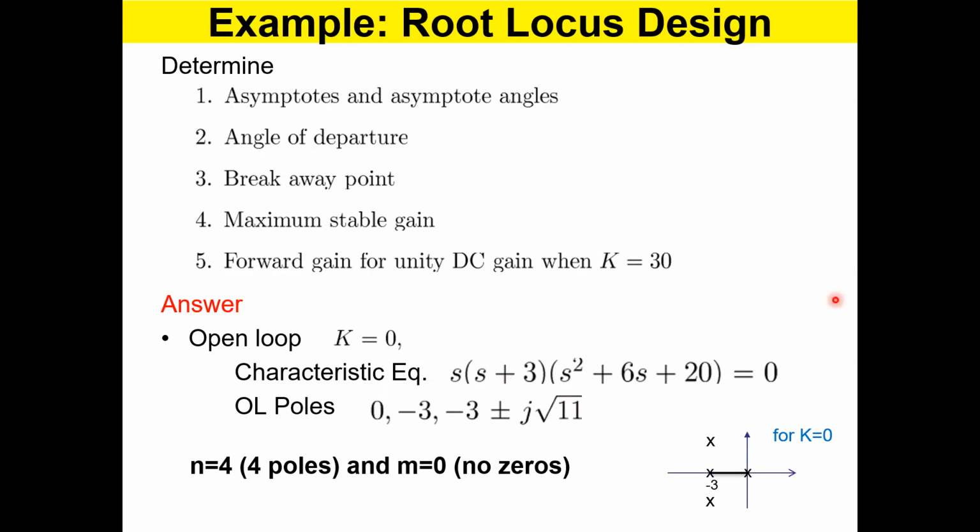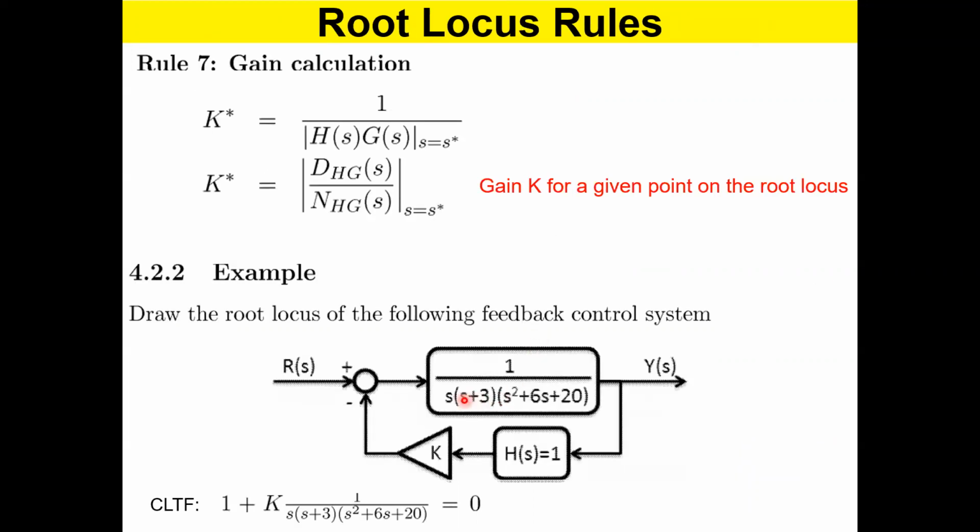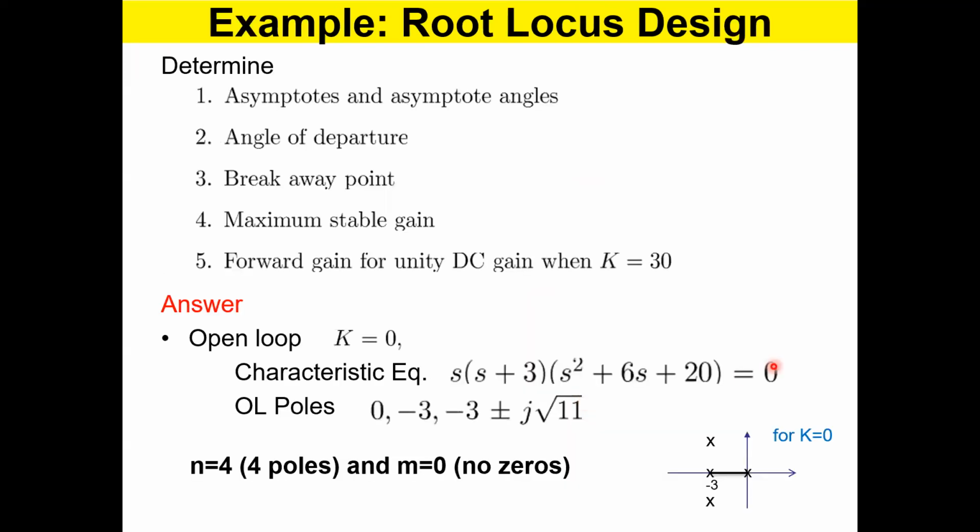So let's take k equals 0, which gives the open loop transfer function characteristic equation. You have to work with me here. This is the characteristic equation: s times (s plus 3) times (s squared plus 6s plus 20) equals 0. You have to write it down and work with me. This is the first manual example. If you work with me, you will understand it perfectly.